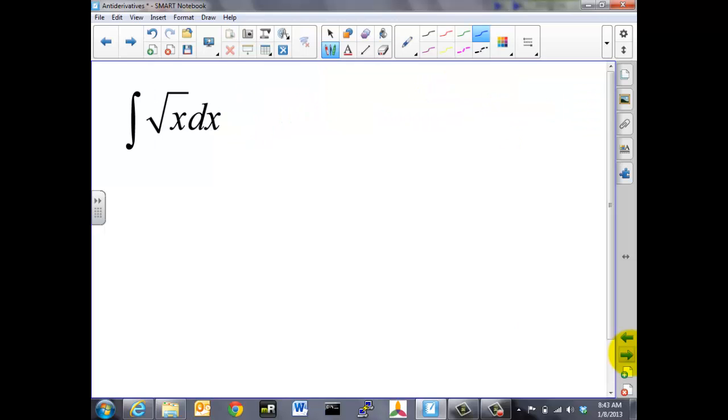Whoa, a square root. How dare they put square roots in there? Excellent. Very good. We make this x to the 1/2 power dx. So what happens from that then? Add 1. Integrate, add.